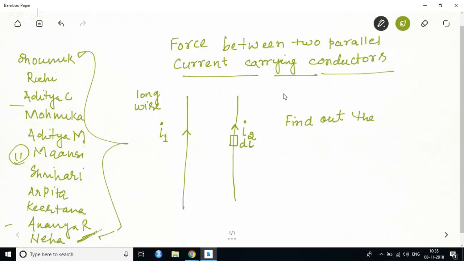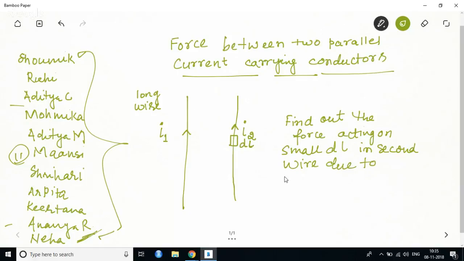the force acting on small dl in the second wire due to current I1 in the first wire. Solve it out.